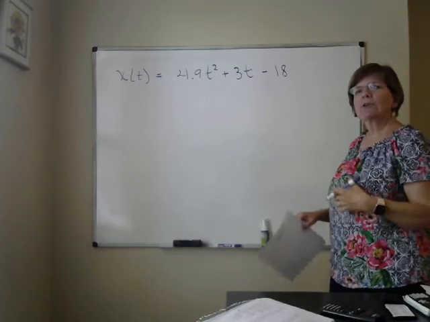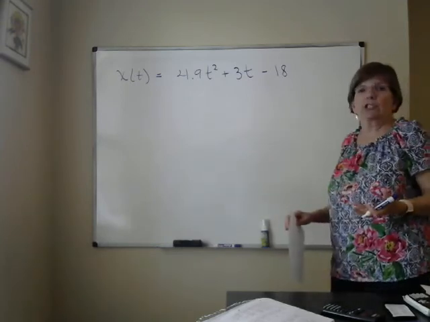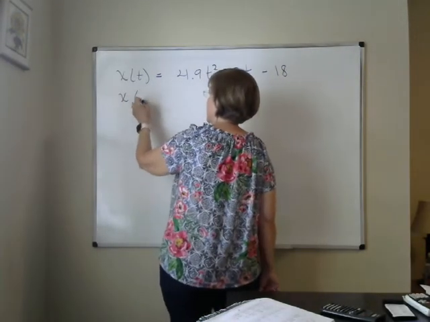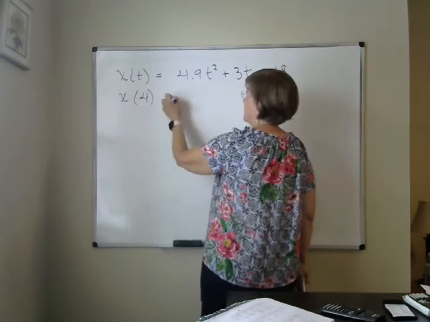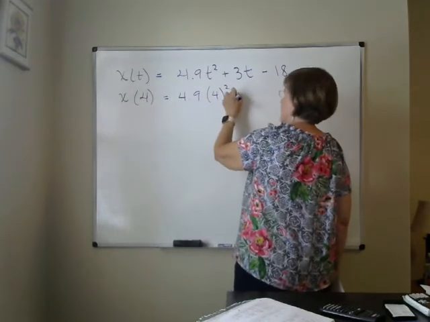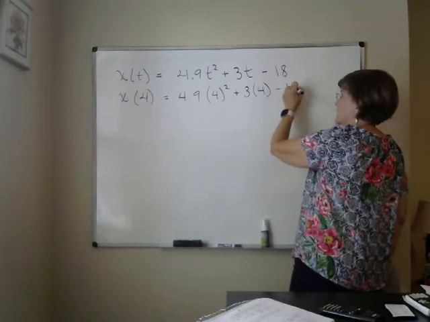If somebody wanted to know the position at a particular time, let's say at 4 seconds, I would put 4.9 times 4 squared, plus 3 times 4, minus 18.